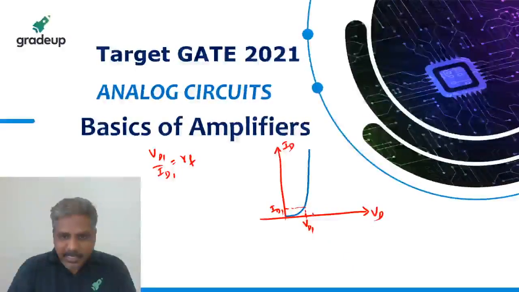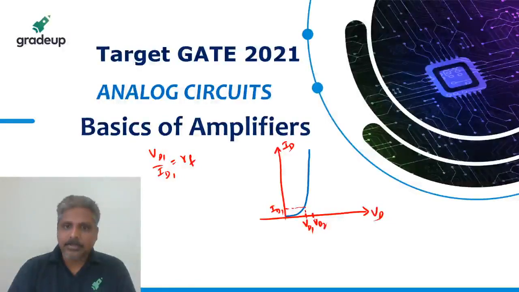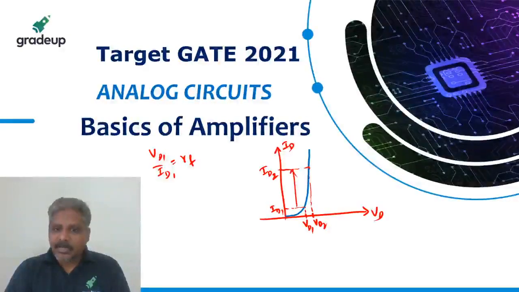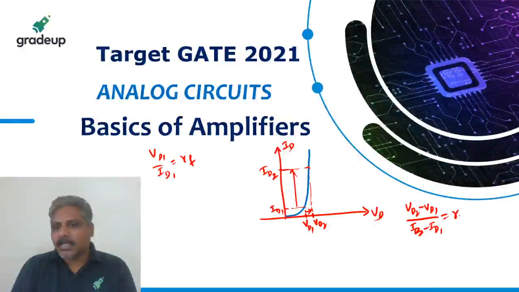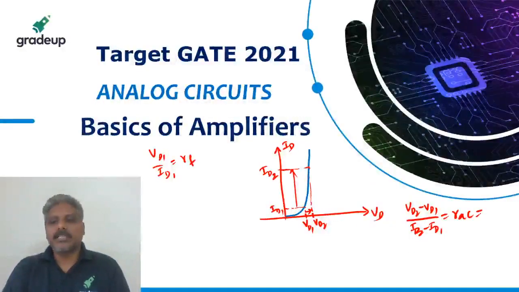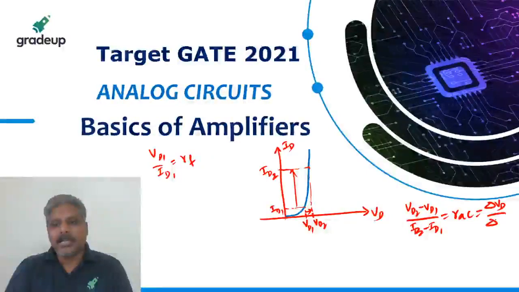Suppose I increase the voltage to VD2 now. Correspondingly, the current is something like this. See, the current has increased dynamically from here to here for a small increment in voltage. So VD2 minus VD1 by ID2 minus ID1 is called dynamic resistance, which is nothing but delta VD by delta ID.